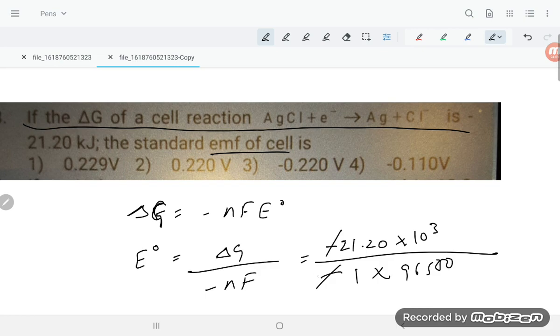The negatives cancel out, so 21200 divided by 96,500 comes to 0.2196, that is 0.22, option number 2.